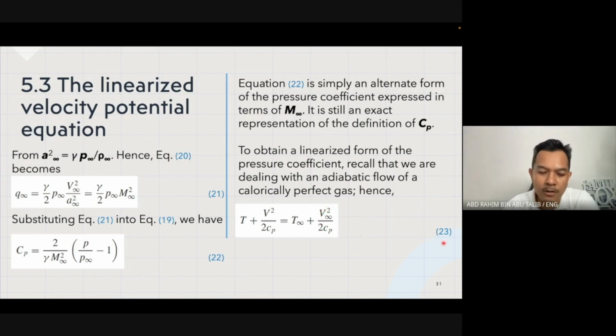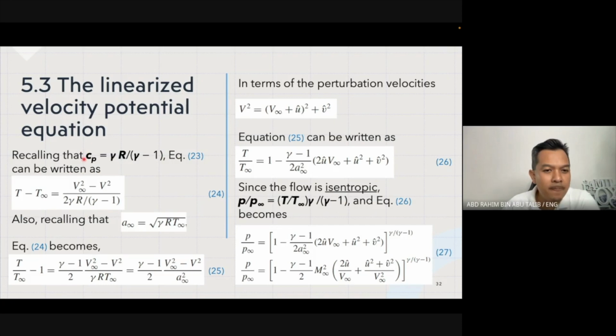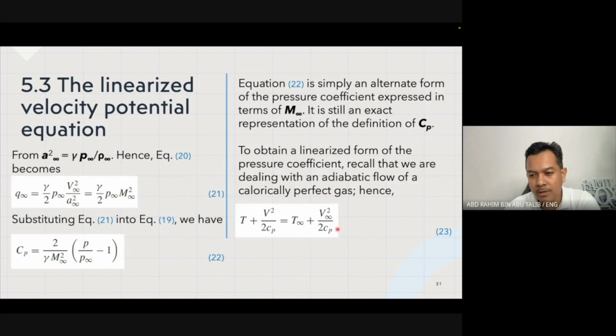And we call this equation number 23. So recalling that the specific heat Cp is equal to gamma times the gas constant R divided by gamma minus 1, equation 23 can be written as this. T minus T infinity will be equal to this expression. So we basically replace the Cp component from equation 23 over there.